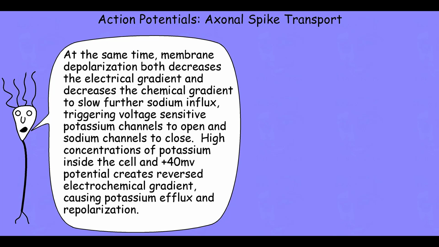As a result, the combination of high concentrations of potassium inside the neuron and that positive 40 millivolt membrane potential creates a reversed electrochemical gradient that pulls the potassium out, causing potassium efflux, which will result in repolarization of the membrane at that point.